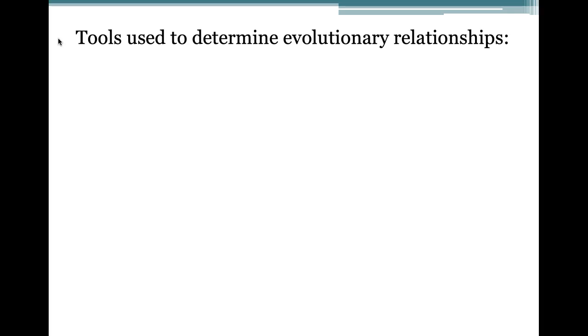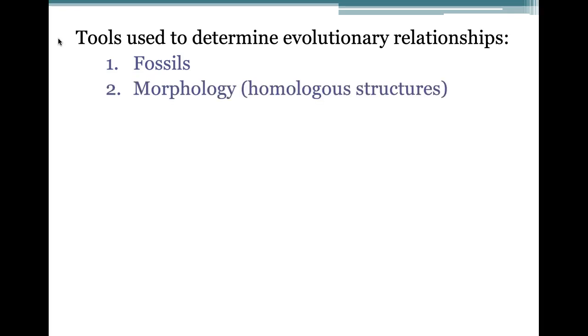There are several tools used to determine evolutionary relationships. One is using and studying fossils from organisms. Another tool is using morphology, specifically homologous structures. Morphology is studying the actual structure itself. Homologous structures are those thought to share a common ancestor.